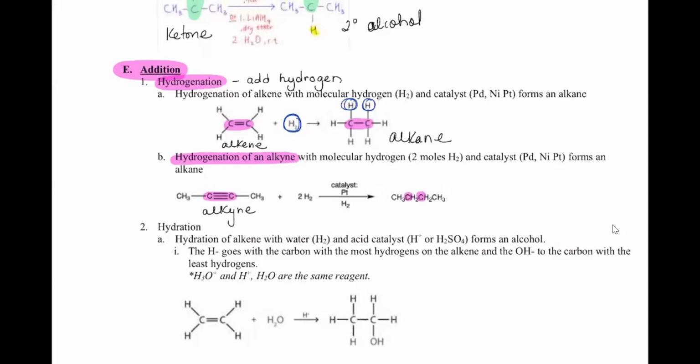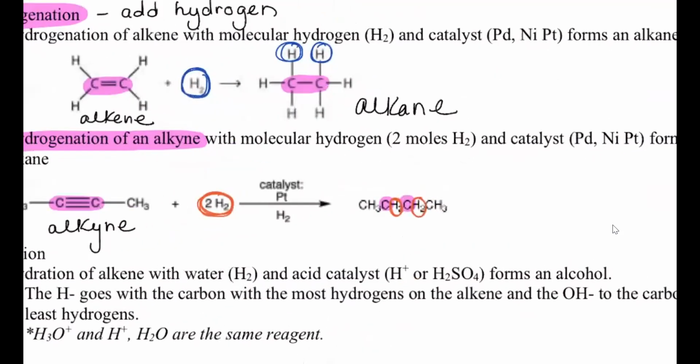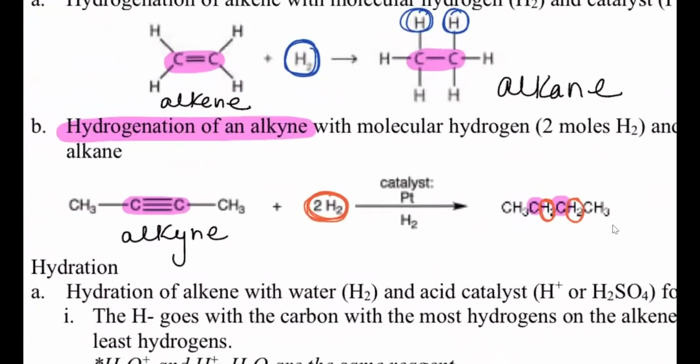Notice that for alkynes specifically, we need to attach a total of 4 hydrogens. That's why you see an H2 right here and an H2 right here. So for alkynes, you require 2 moles of molecular hydrogen, because each of the carbon atoms in the alkyne must receive 2 hydrogens.